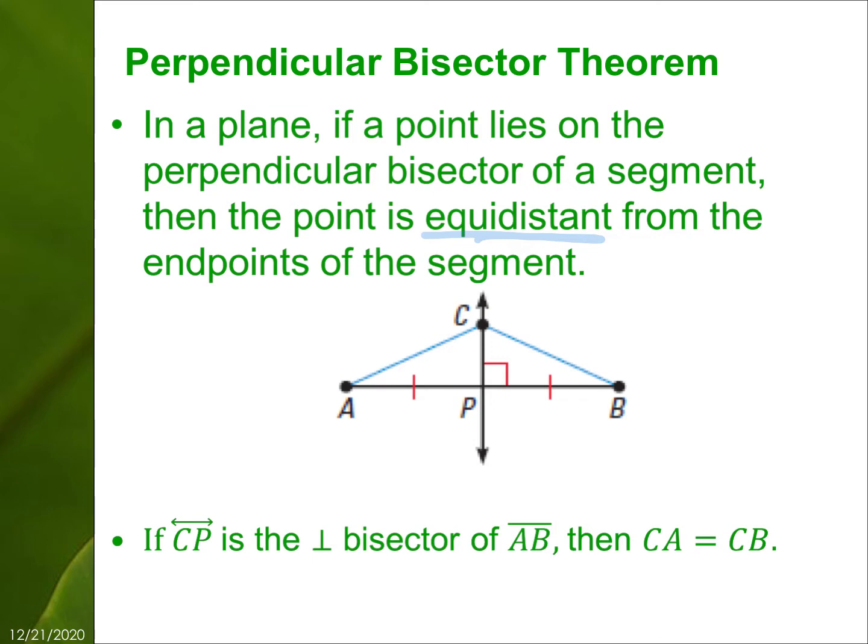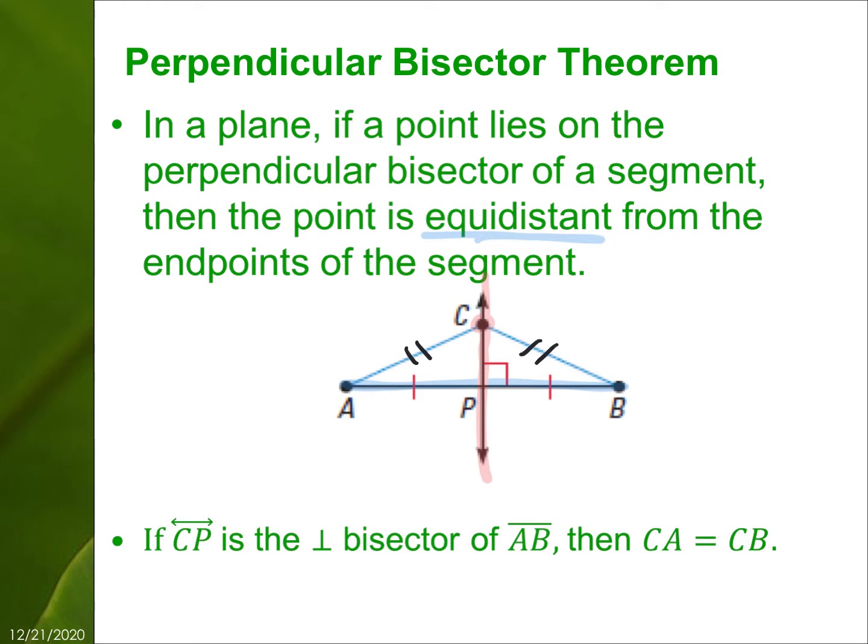So here, my segment that's being bisected is segment AB, and we can see that point C is on the perpendicular bisector, which is CP. And because it's being bisected, we can see that C is going to be equidistant from the endpoints of the segment.